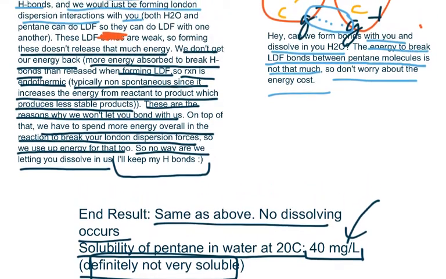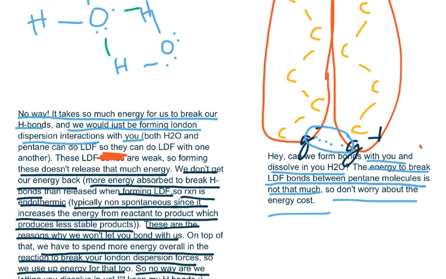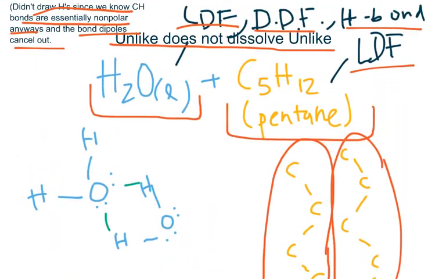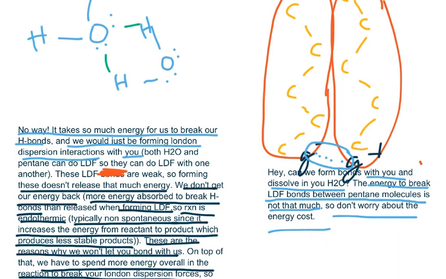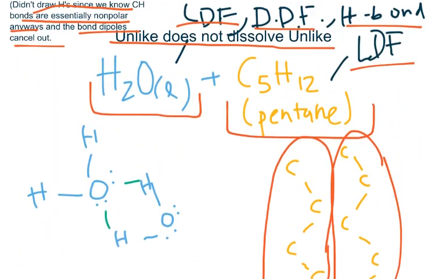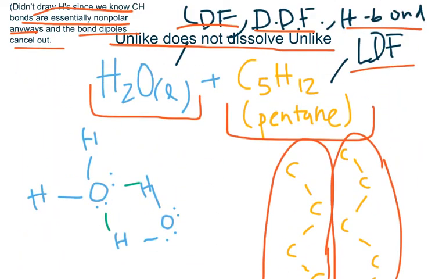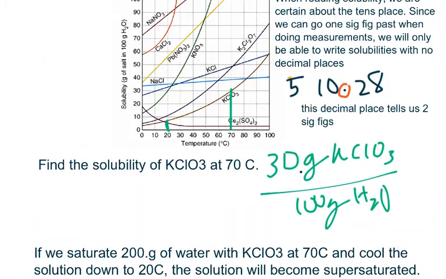So that's the end of our storytelling, and I hope you understood why like dissolves like, and why different things don't like to dissolve in each other. So there are many other instances, but in this case, we are just going to go over 2 instances for covalent compounds. Now, let's move on to the next topic.